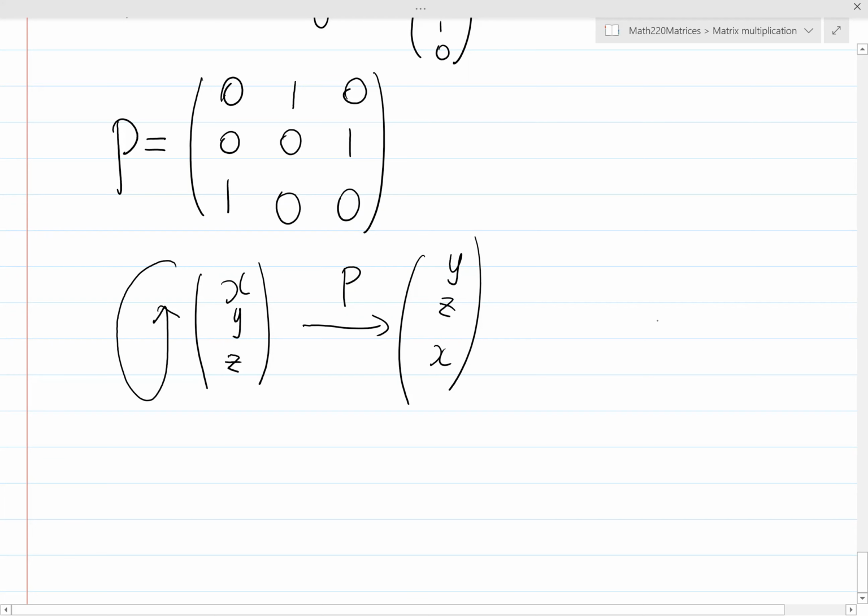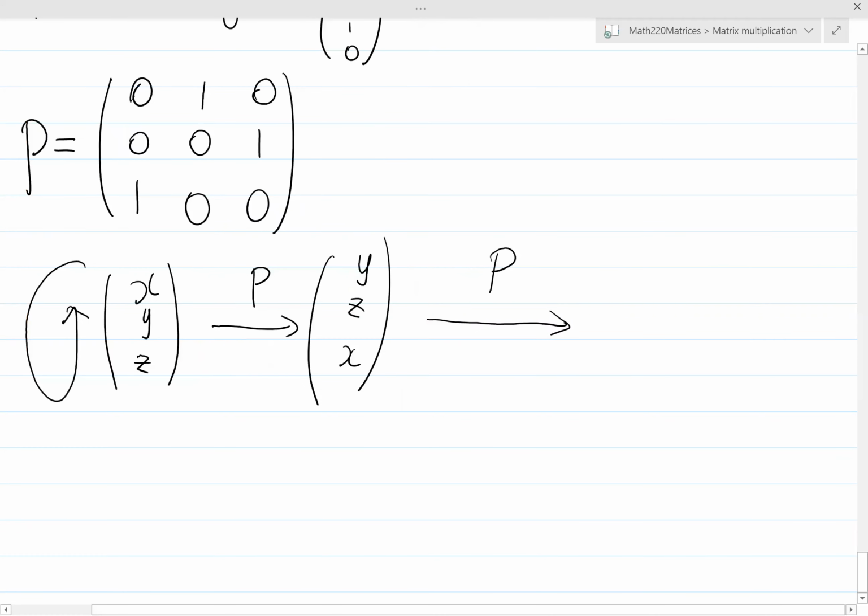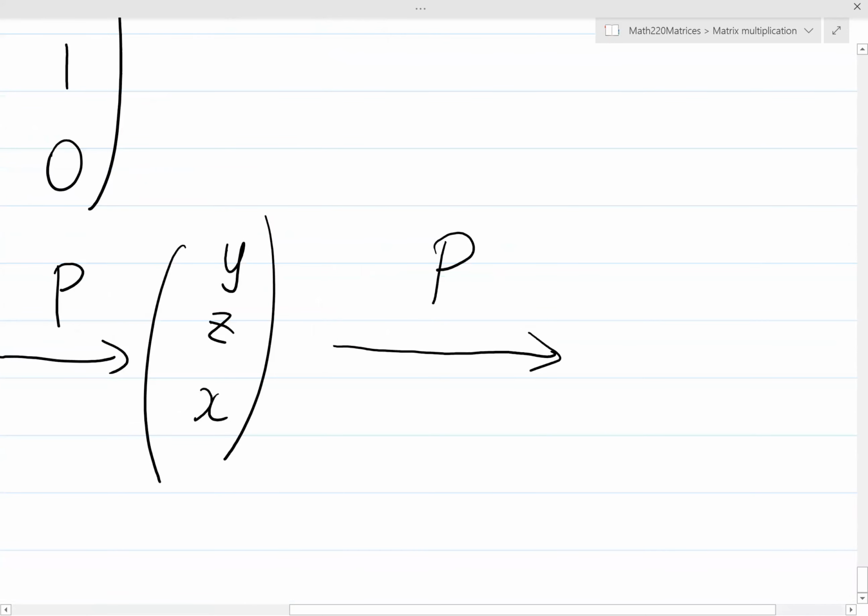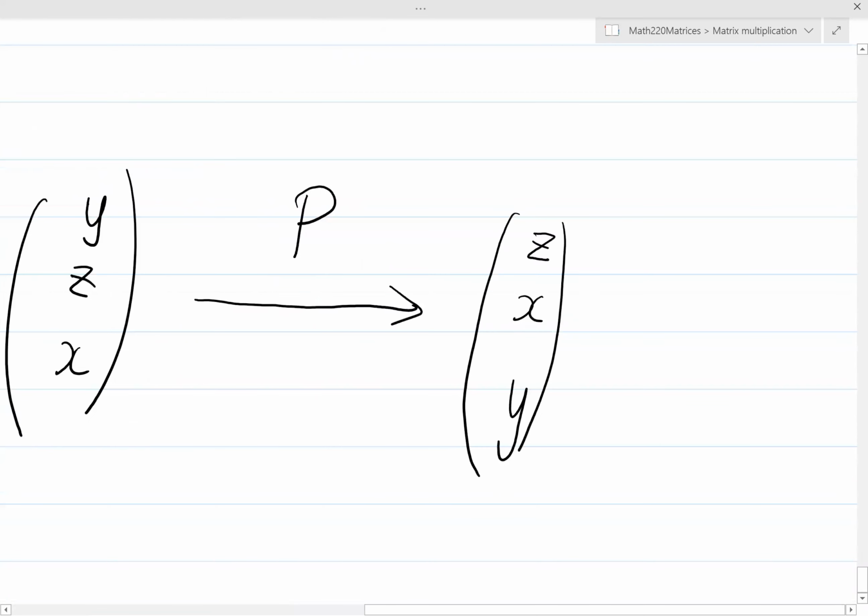Now if we do P again, what do we get? The top letter is Y. We move the top letter to the end, and the remaining letters Z and X we lift by one step.